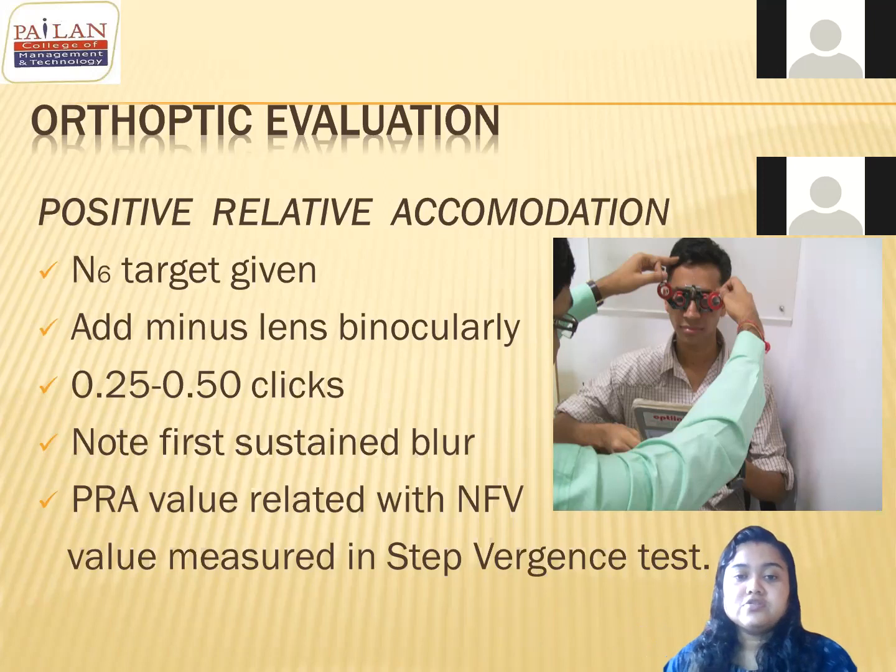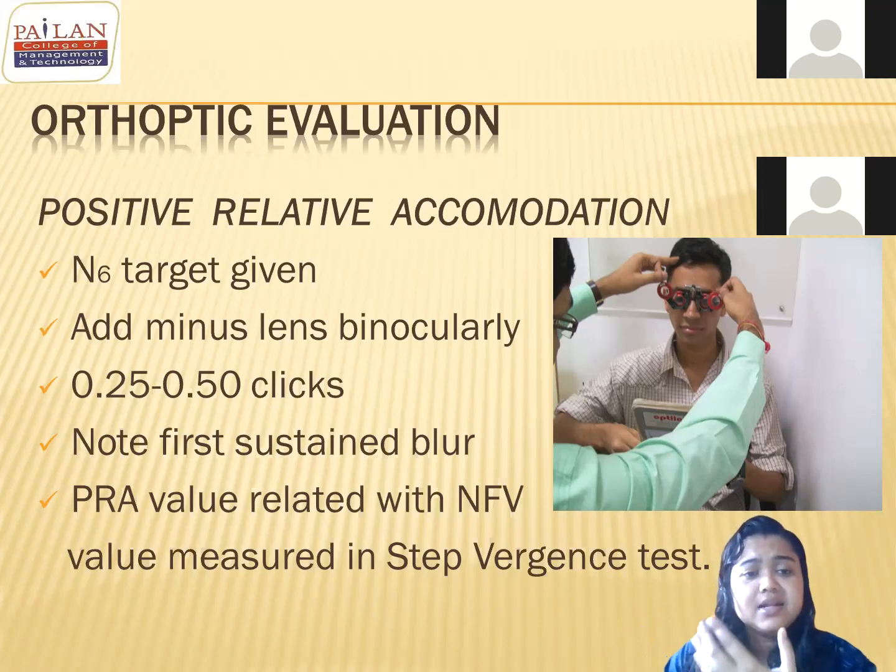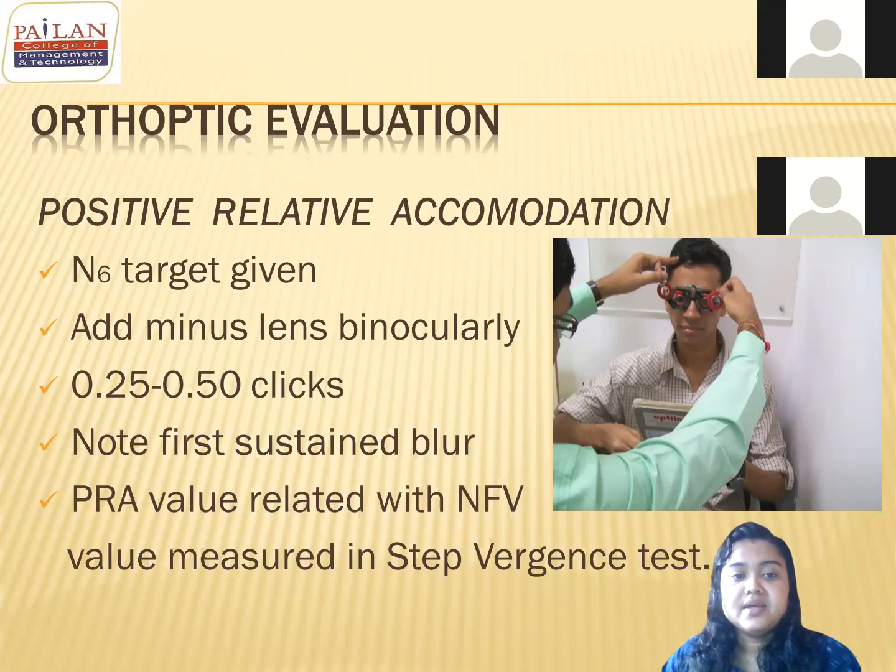For the positive relative accommodation test, similarly, a target is given. The patient is holding the book at whatever is his reading distance. Then in the same way you add minus lenses binocularly in 0.25 clicks.